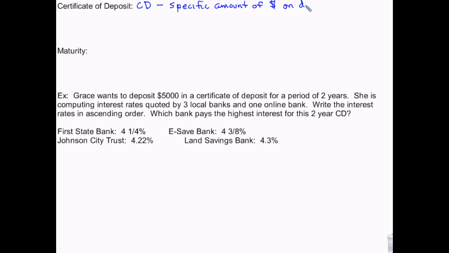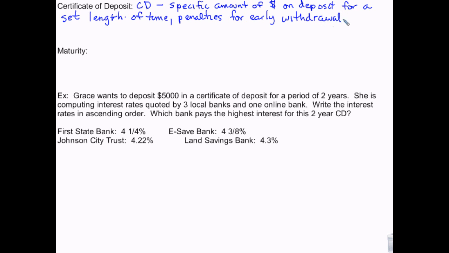And it's called being on deposit for a set length of time. And there are penalties for early withdrawal. Now this set length of time can be anywhere from 1 week to several years.